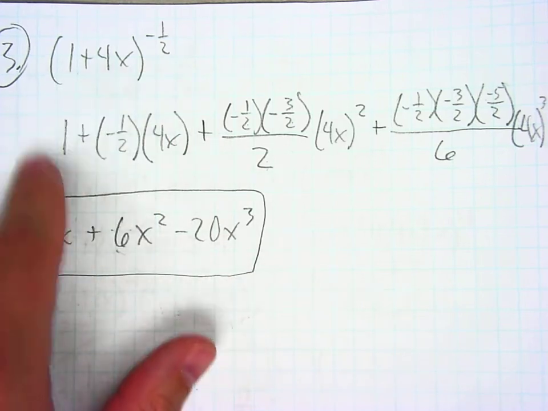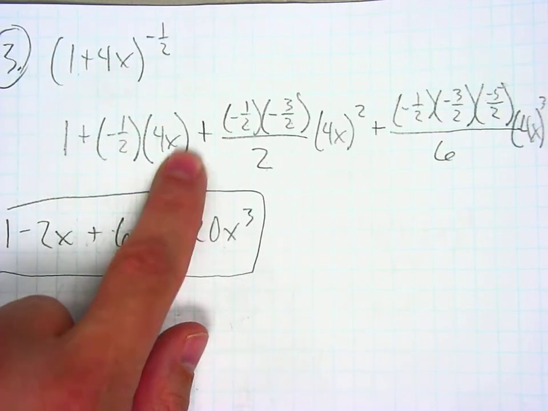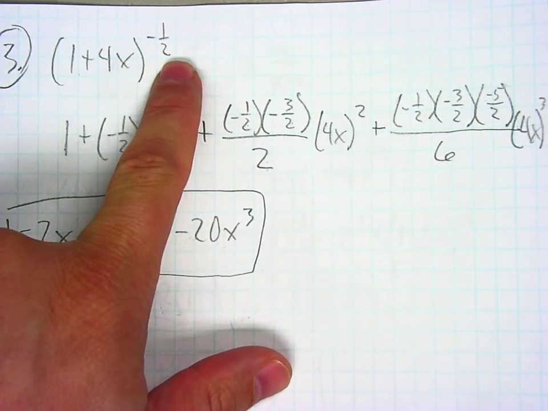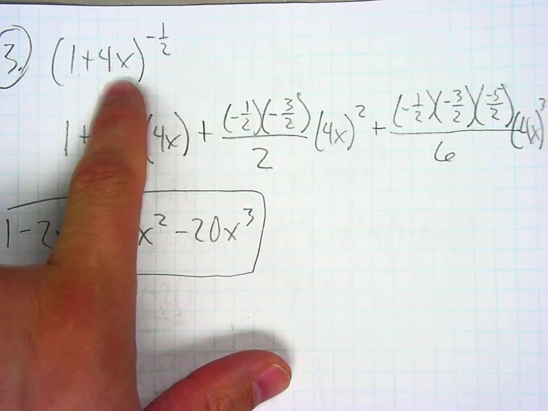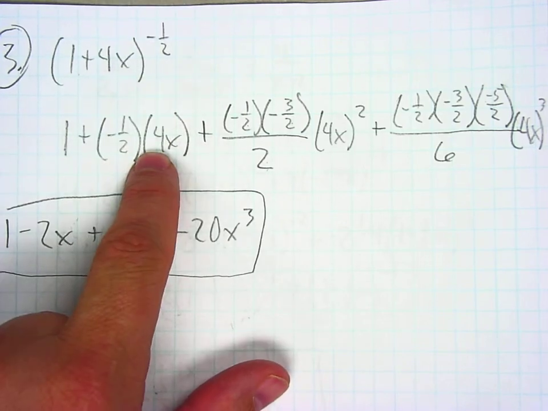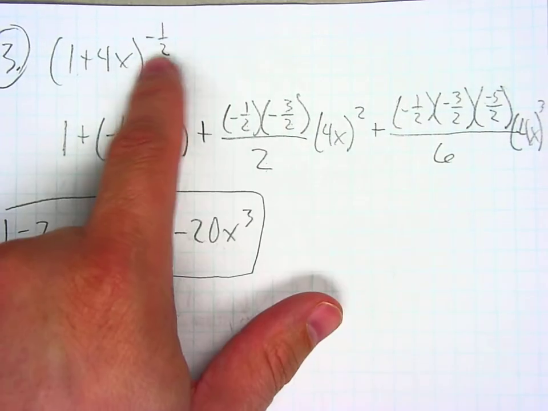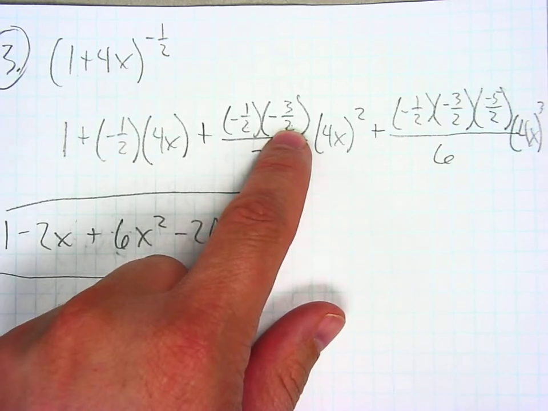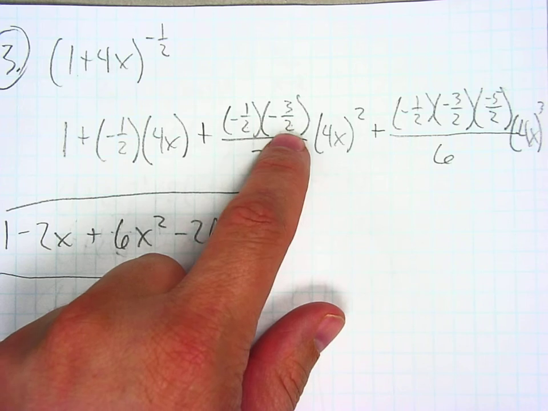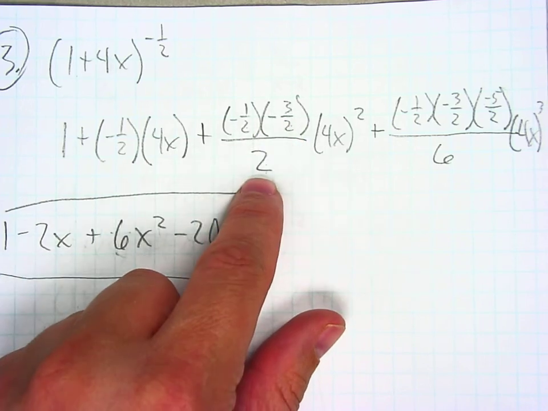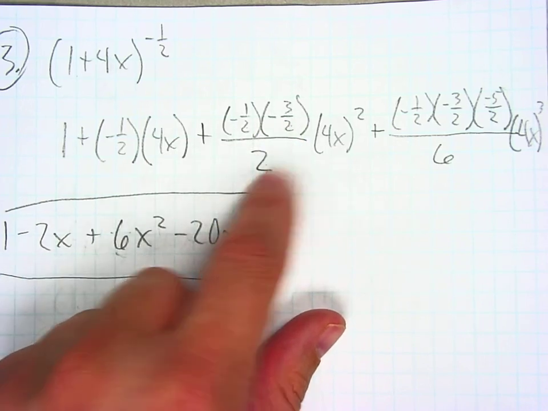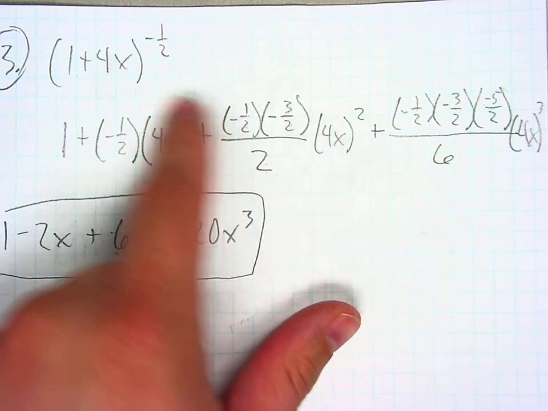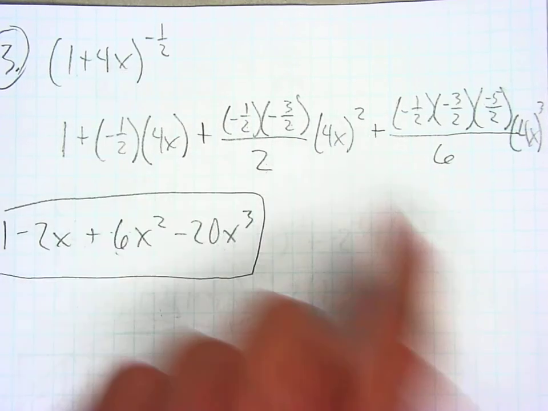First term's always 1. The next term is always my exponent times that term. My next term is my exponent times my exponent minus 1, so this is -1/2, this is -1.5, all over 2, and then times my second term squared.